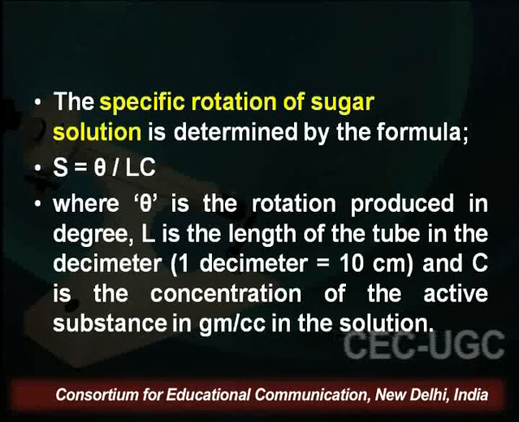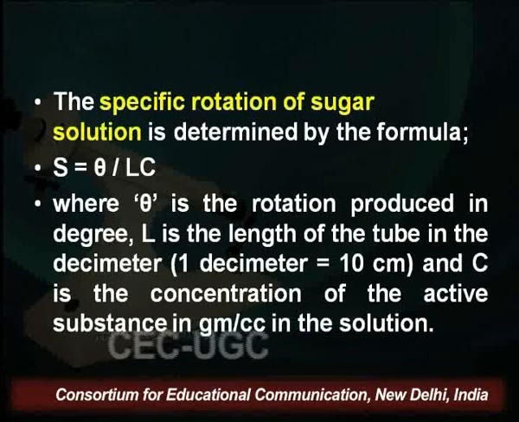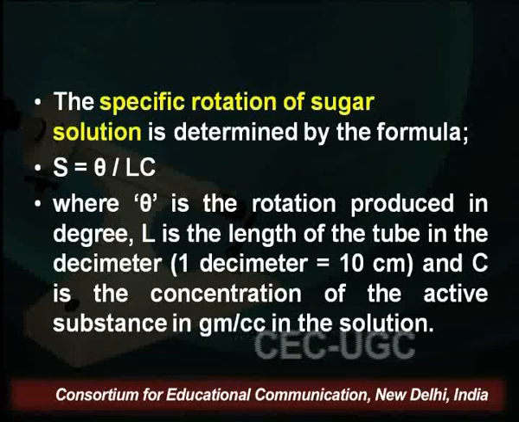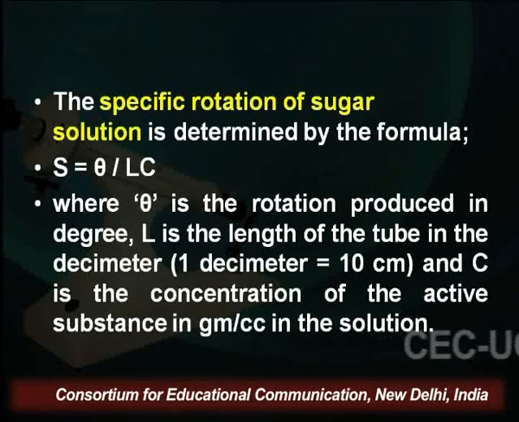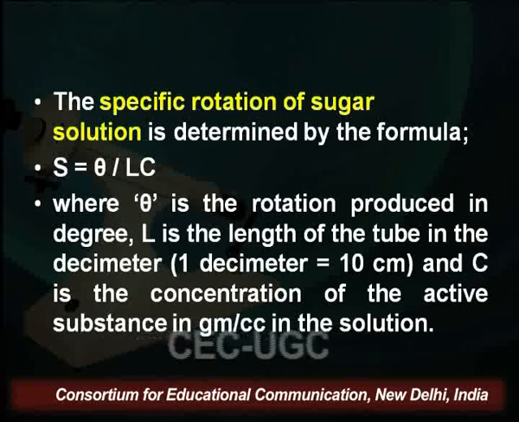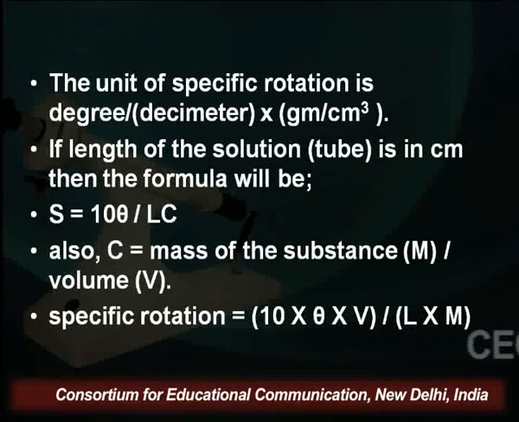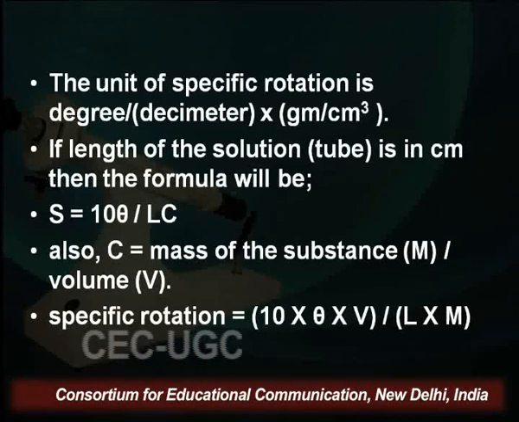So specific rotation S is equal to theta divided by LC, where theta is the rotation produced in degrees, L is the length of the tube, which we generally take as 10 centimeter, and C is the concentration of the active substance, represented in gram per cc in the solution. So the unit is degree per decimeter into gram per centimeter cube.